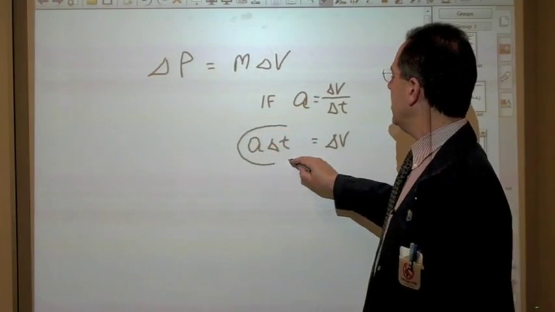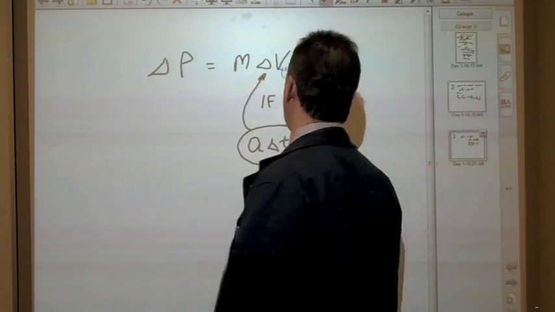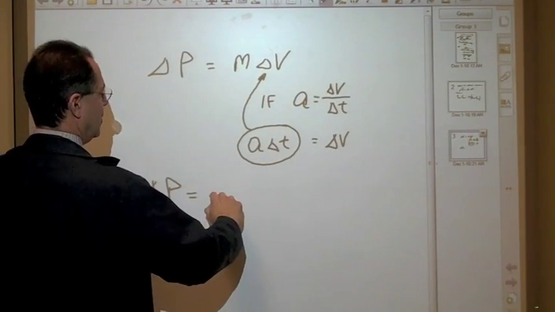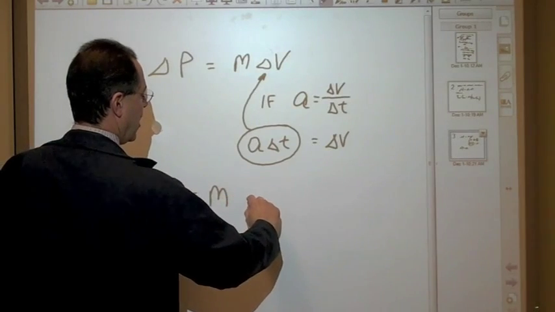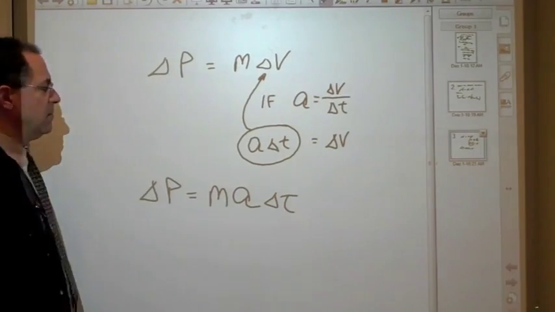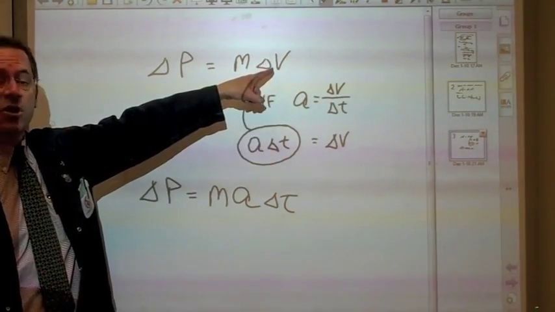So if I take this and plug it right in here, I can say that the change in momentum is equal to mass times acceleration times the change in time, right? Just plugging in acceleration times change in time in for change in velocity.